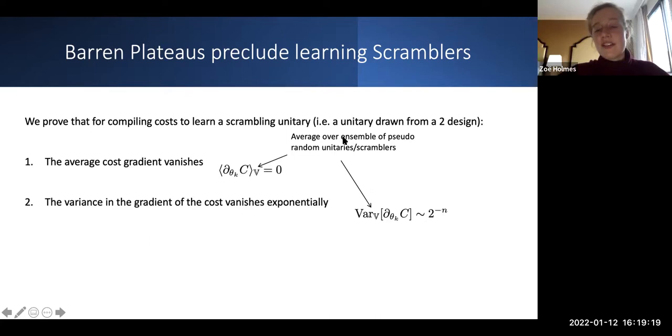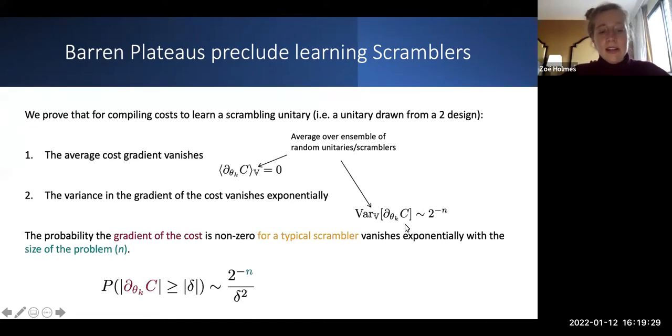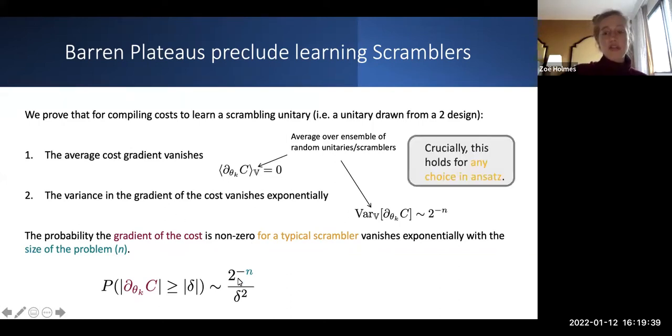This average here is just averaging over an ensemble of scramblers modeled as an ensemble of pseudo-random unitaries, a 2-design. Sewing these two things together by Chebyshev's inequality, what we get is that the probability that the cost gradient is non-zero for a typical scrambler vanishes exponentially with the size of the problem. And crucially, this result holds for any choice of ansatz. So we get this scaling independently of our choice of parameterized quantum circuit, U of theta.